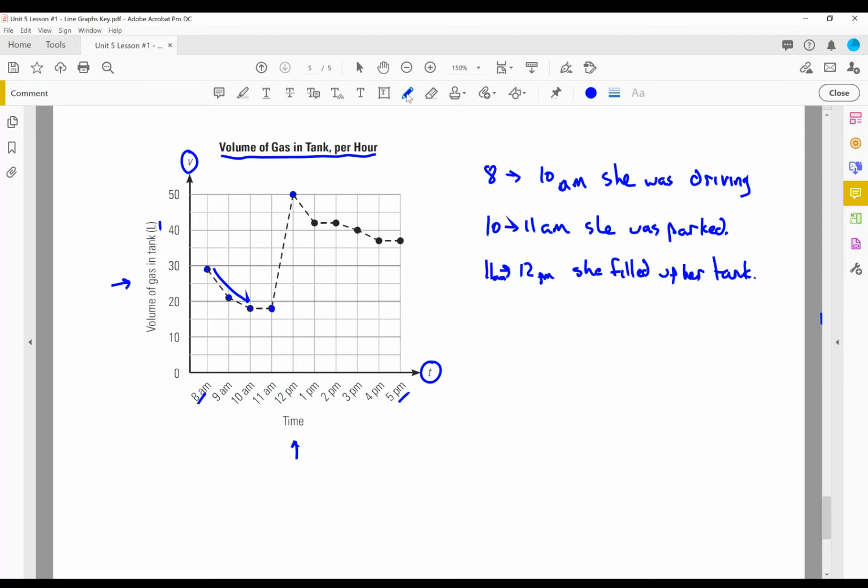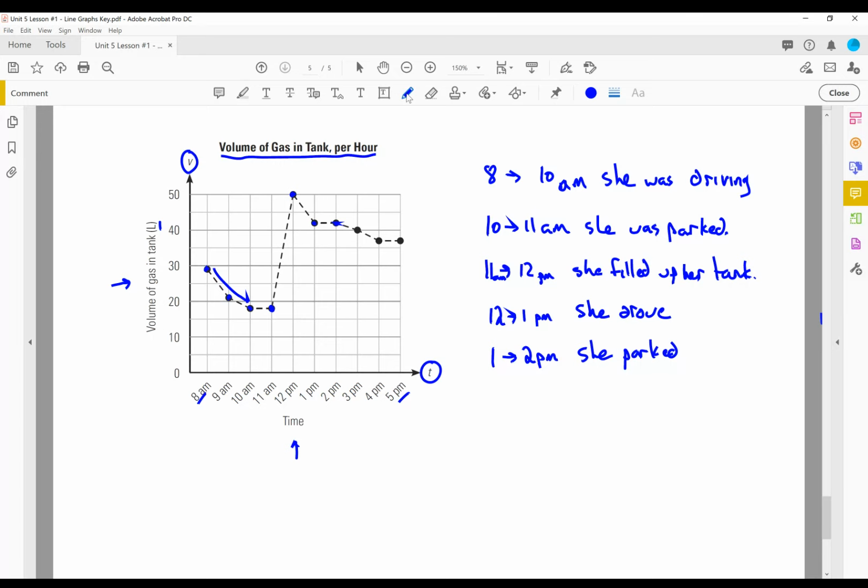And then from 12 to 1, she loses some. So I'm going to say 12 to 1 p.m., she drove a little bit. From 1 p.m. to 2 p.m., she parked.